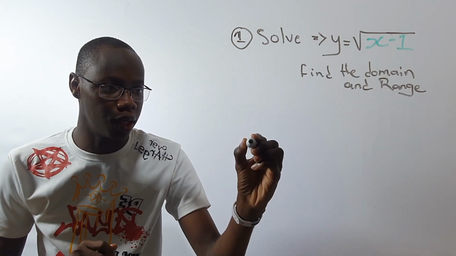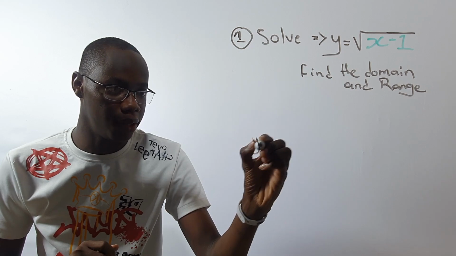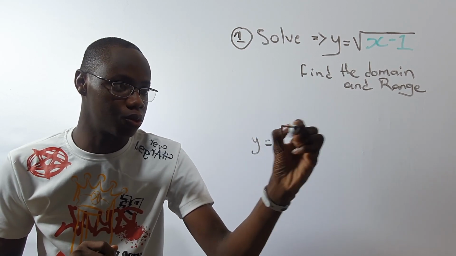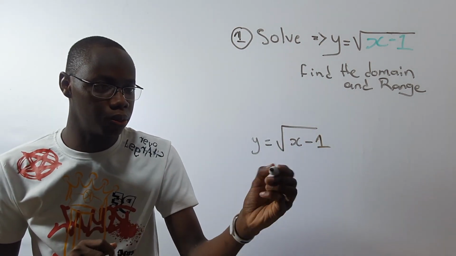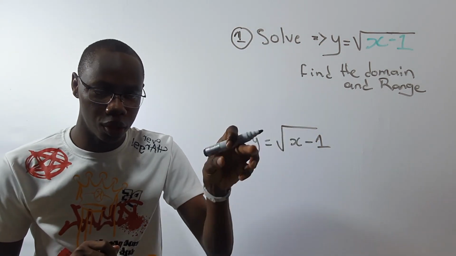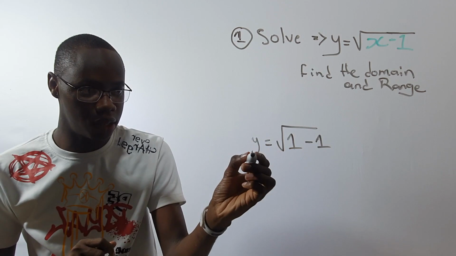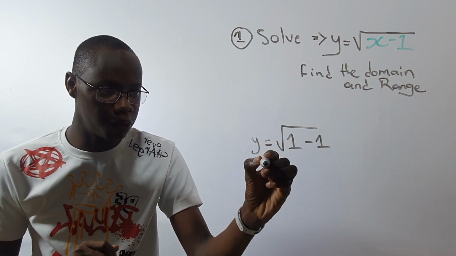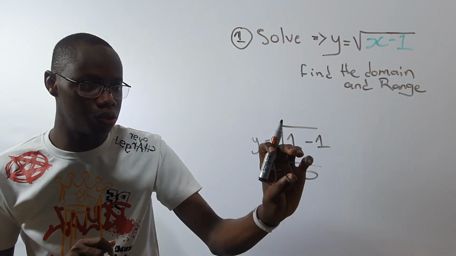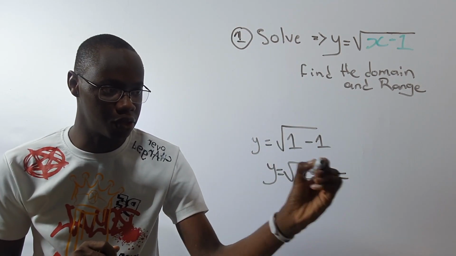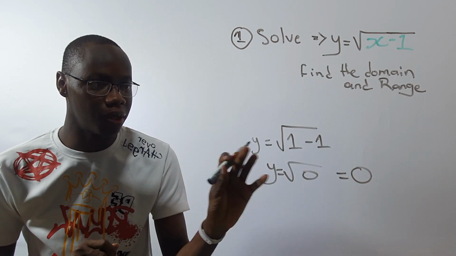What happens? y is equal to the square root of x minus 1. So if x is 1, what is y? If x is 1, y will be the root of 0. And the root of 0 makes sense, right? The root of 0 is just 0. So that makes sense.